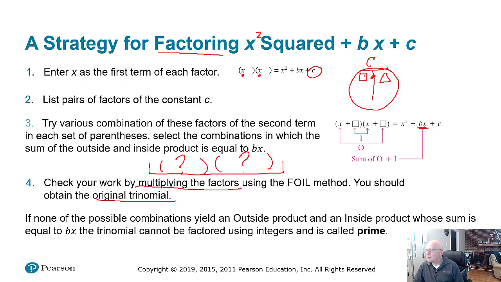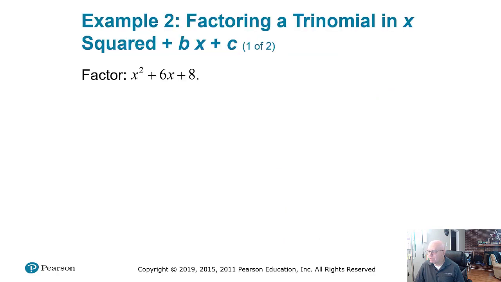If none of these combinations that you put in give you the middle term, then if you can't factor it, it's called prime, just like a regular prime number. 7 can only be multiplied by 1 and 7, or factored as 1 and 7.